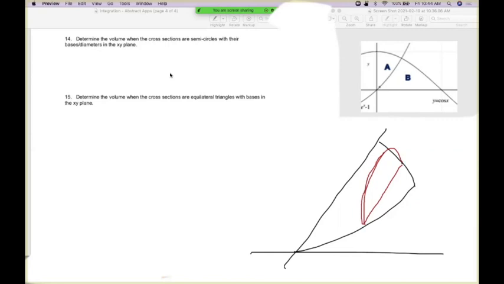So if we were to look at this thing straight on, this is our cross section, we'd be looking at it like that. And notice that as we start our journey from x equals 0, that's where the diameter of this is the widest.